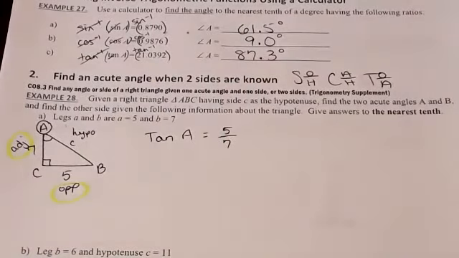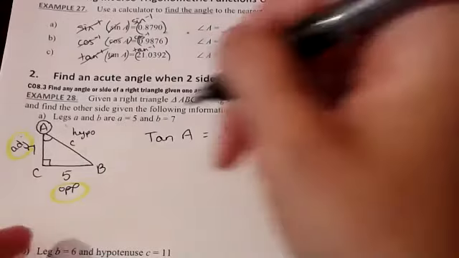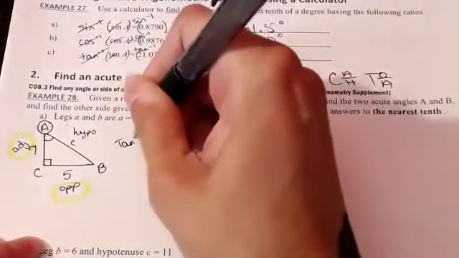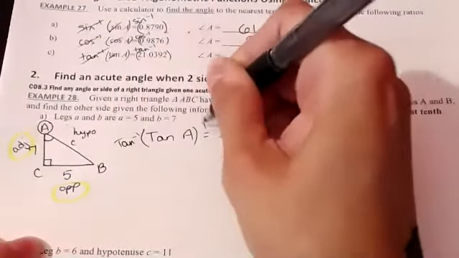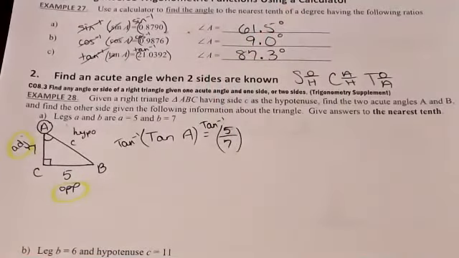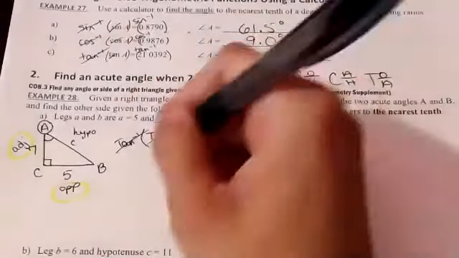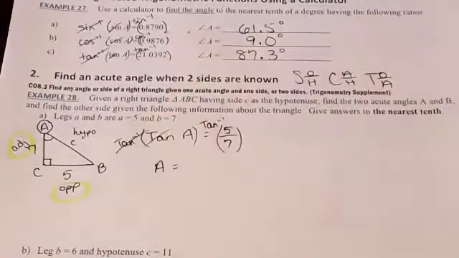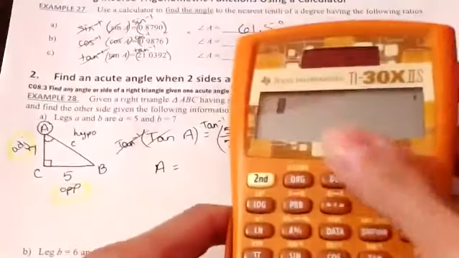We learned that in order to get A by itself, we simply have to do the opposite operation. If I have tangent of A, the opposite operation is to take the tan inverse of the tangent of A and the tan inverse of 5/7. Taking the inverse of tangent on both sides, take a look at how we would punch this in.